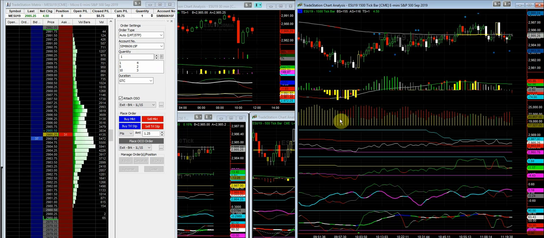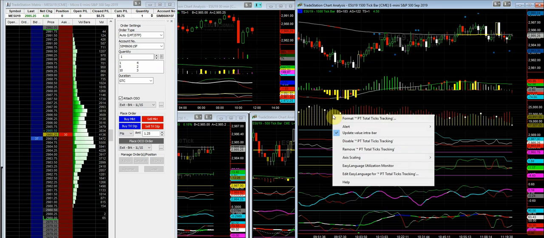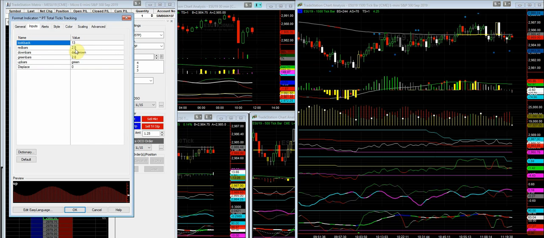The way you use this is you go ahead and format it, and over here you can change the look back period. Let's say you put the look back period at 31.